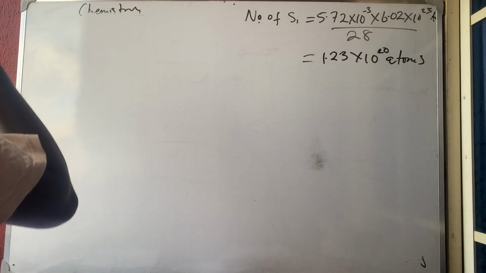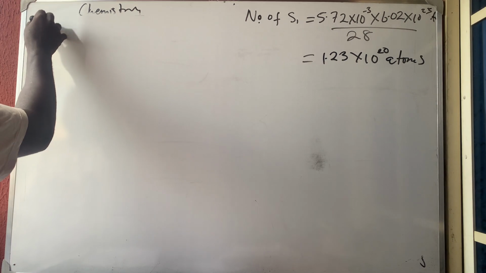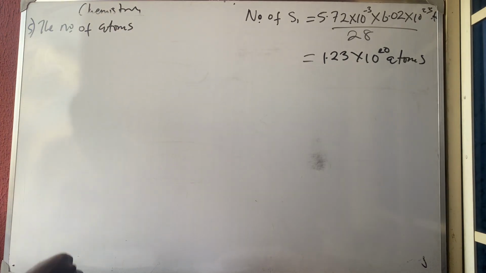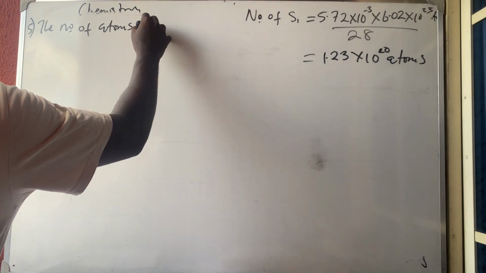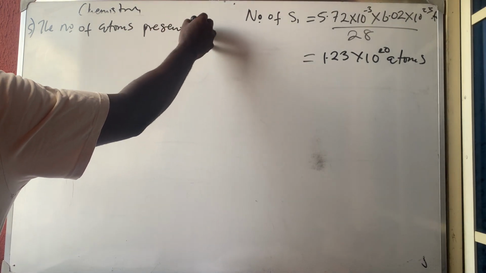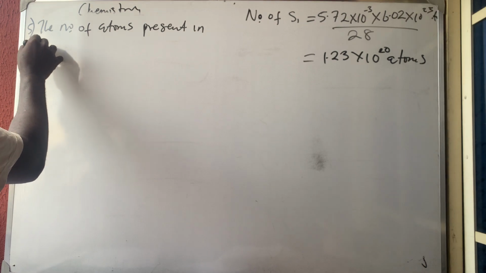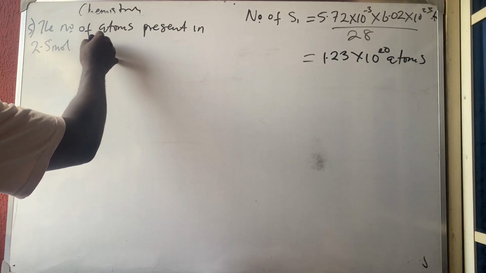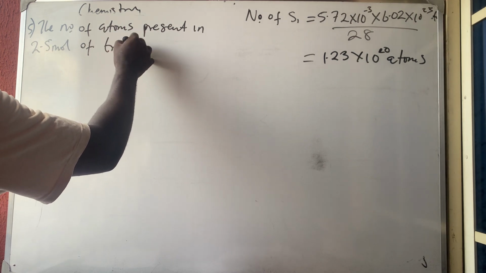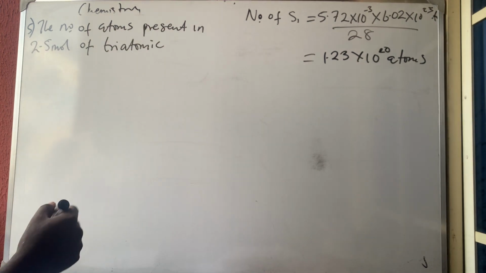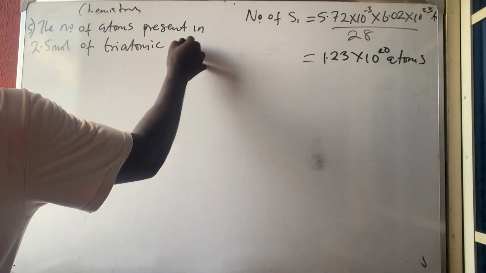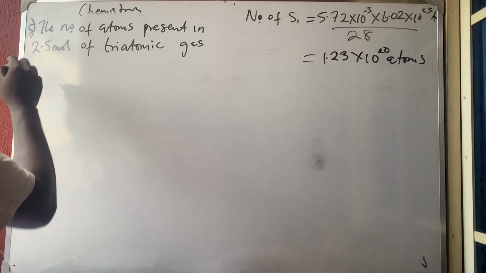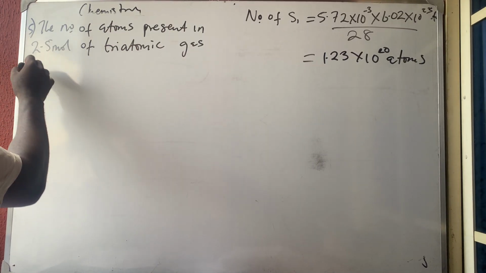Number 5: the number of atoms present in 2.5 mole of a triatomic gas. Don't forget the atomicity is 3. Triatomic gas, and it should be ozone.